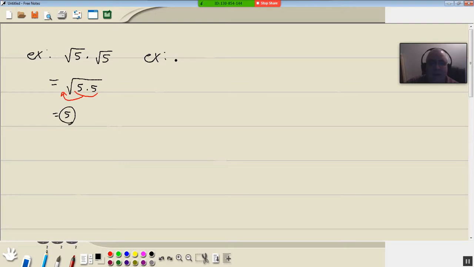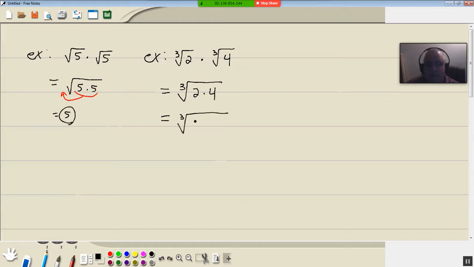Now if I had the cube root of 2 times the cube root of 4, multiplying these together, well, since the indexes are the same, I can multiply what's underneath, 2 times 4, and put them underneath a single radical statement. Now we don't actually want to multiply them together. We want to first see if we can simplify anything, and then we'd multiply them together.